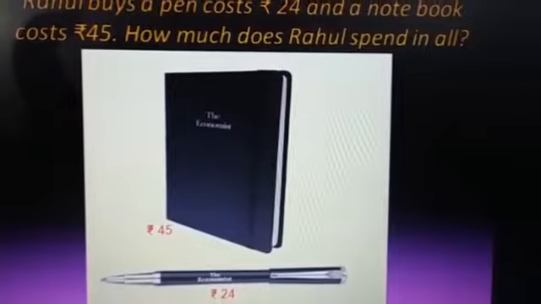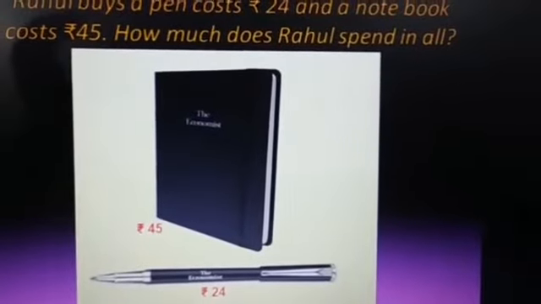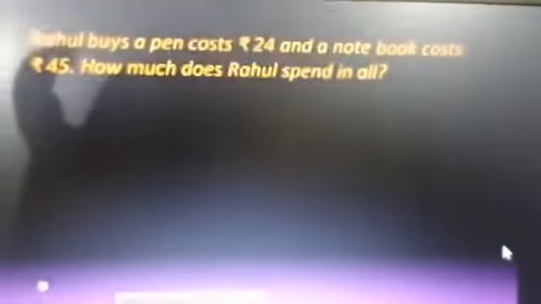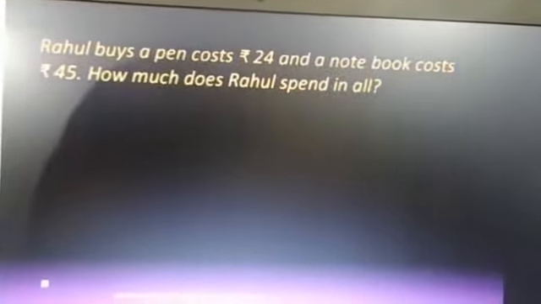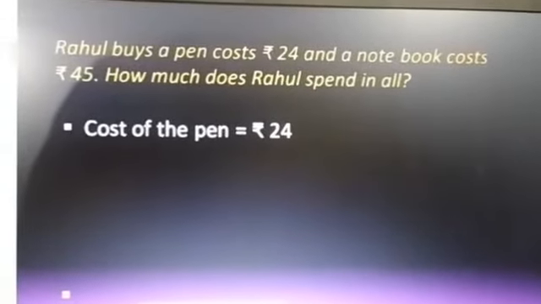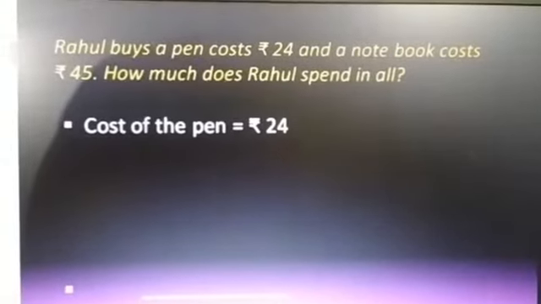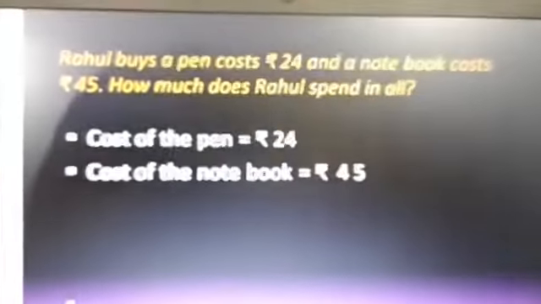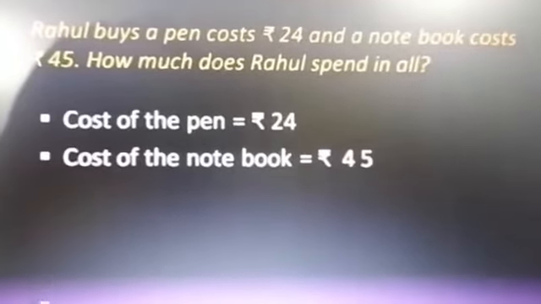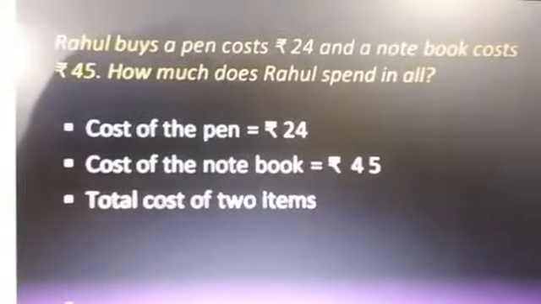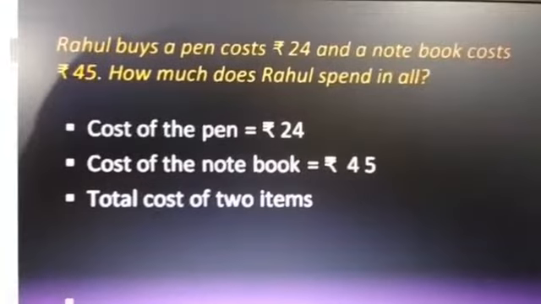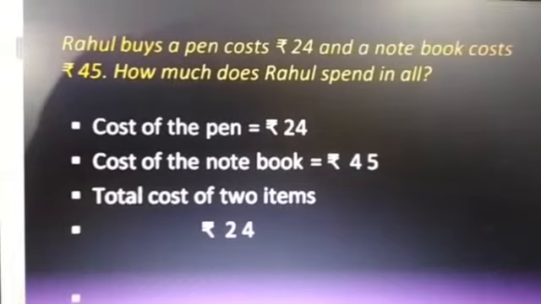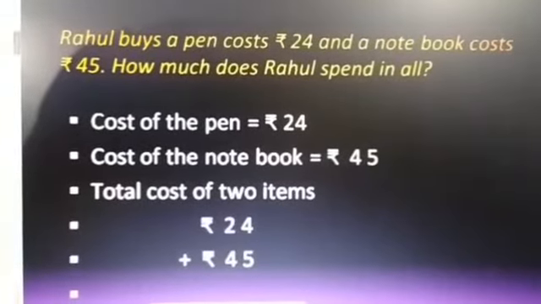So how will we write the answer? Let's see how we can write the answer. So let's start. Cost of the pen is 24 rupees and cost of the notebook is 45 rupees. So, total cost of two items is 24 plus 45.